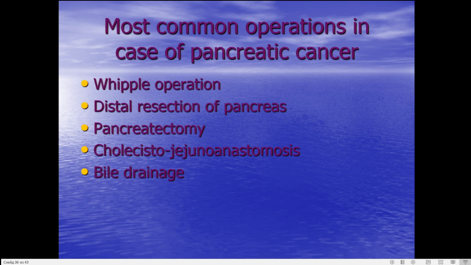as we said, if the tumor or the level of blockade is above the bifurcation of left and right bile duct, we do, under control of ultrasound, transcutaneous external drain of hepatic bile duct, bile drain.